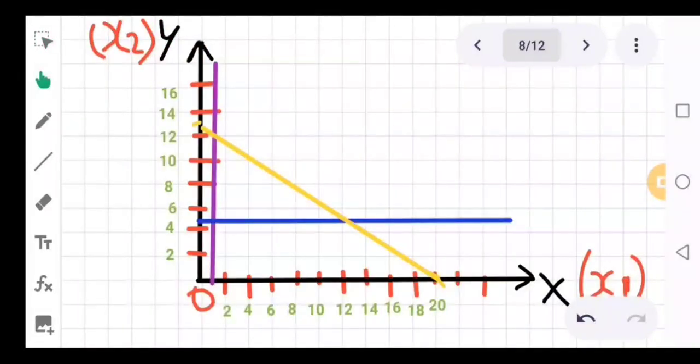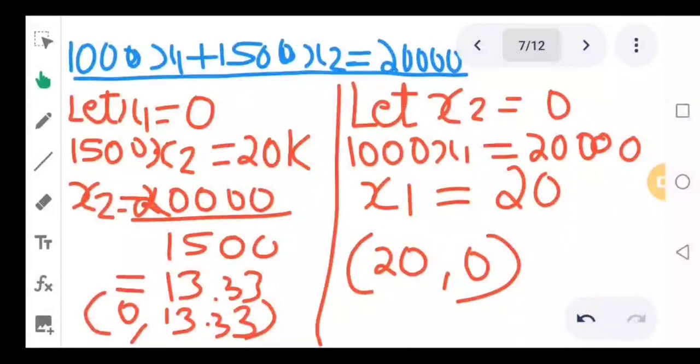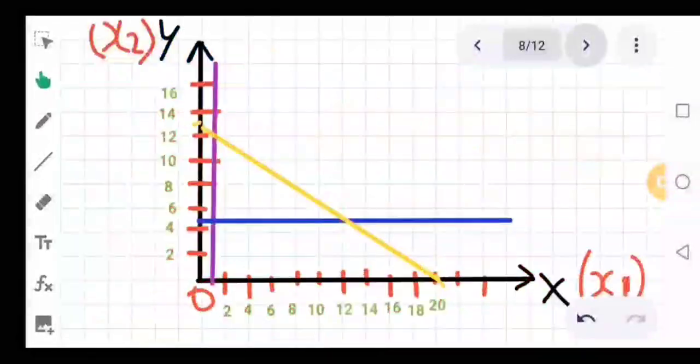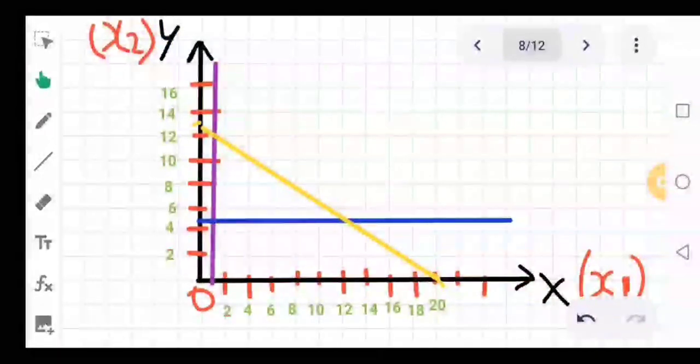Now we need to see which is the less than or equal to symbol. Here I replaced it by equal to, but in reality what is the symbol? The symbol was less than or equal to. Since it is less than or equal to, we need to find out what was the sign over there.